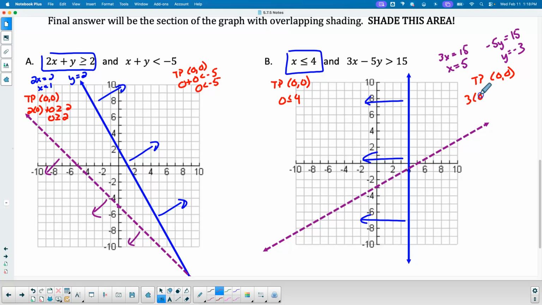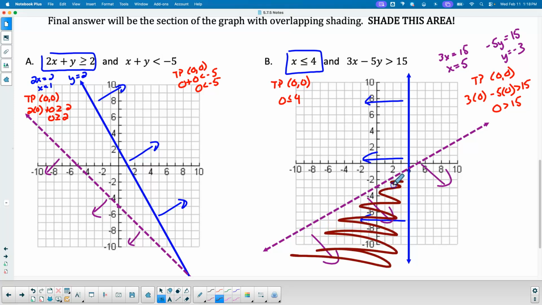Three times 0 is 0. 5 times 0 is 0. 0 minus 0 is 0. And 0 is not greater than 15. So that means I'm going to be on the lower side of that purple line. So my area to shade is right in there. Okay?